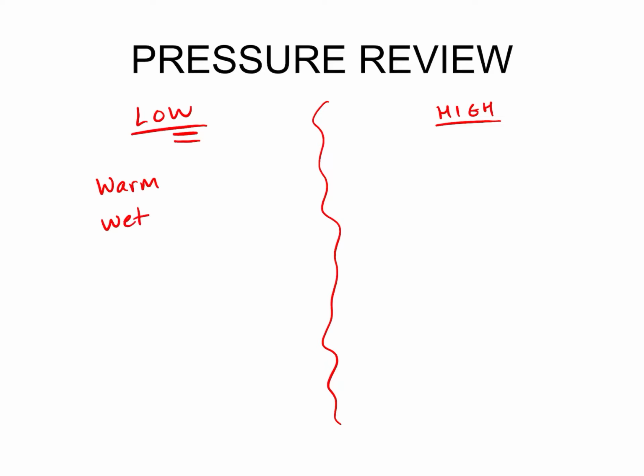That makes high pressure systems cool and dry. All right? A cool, dry day, clear skies, no rain, that is nice weather. Your warm, humid, sticky, raining, that's your bad, stormy, unstable weather.